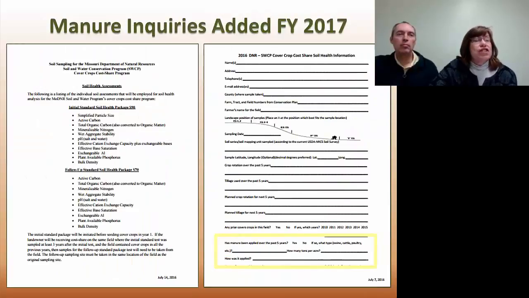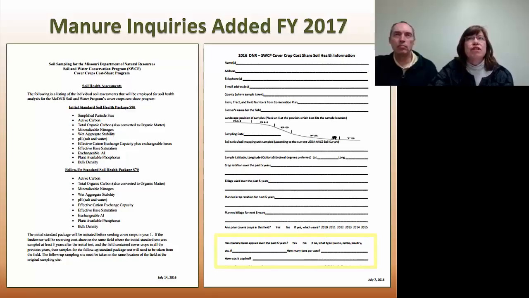We are starting to get more information about how manure affects these properties, and what we have here on the left is just a list of the analyses that we ran on the samples that were submitted from the cover crop program, and on the right there is a questionnaire that people submit.